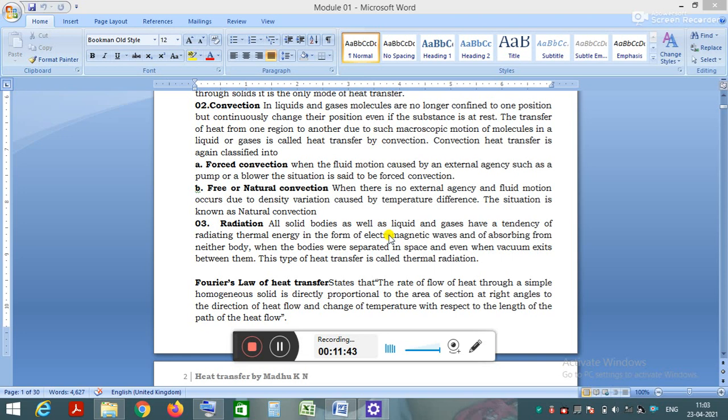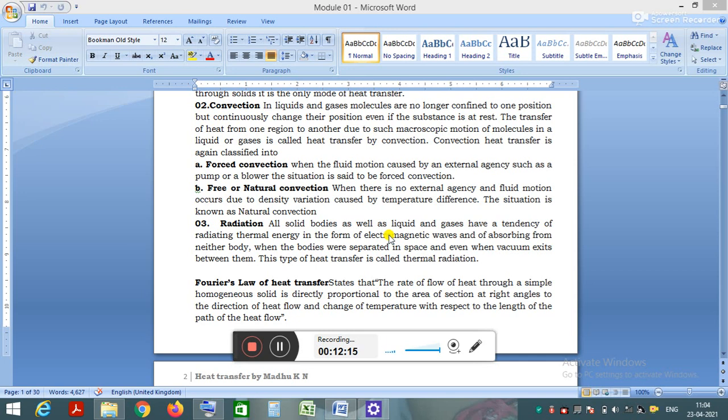Homogeneous is nothing but having uniform characteristics throughout. The rate of heat transfer which takes place through the solid is directly proportional to the area of the section.